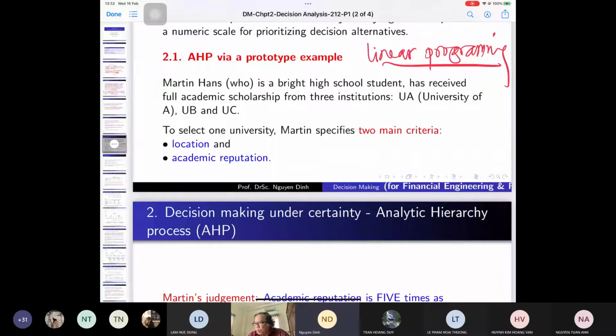What do you see in your screen? A 2.1 AHP via prototype example, is that right? Yes, sir.